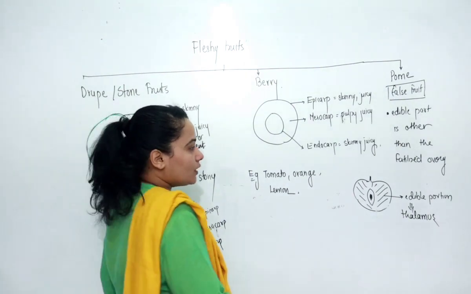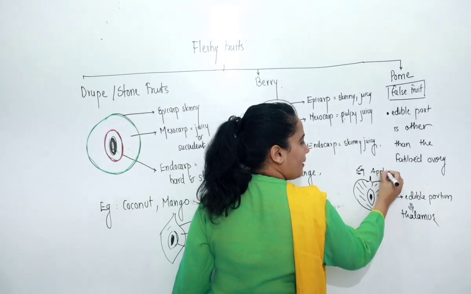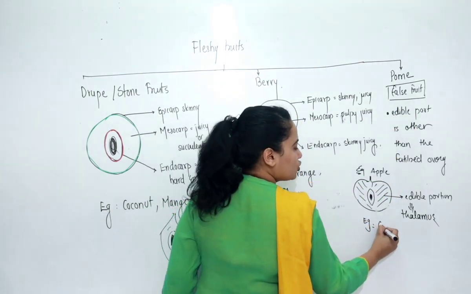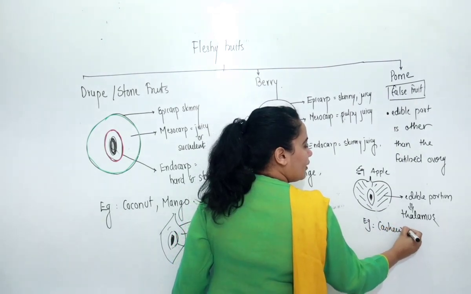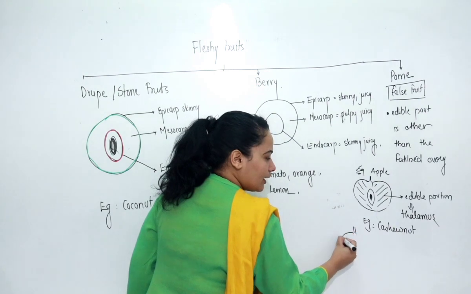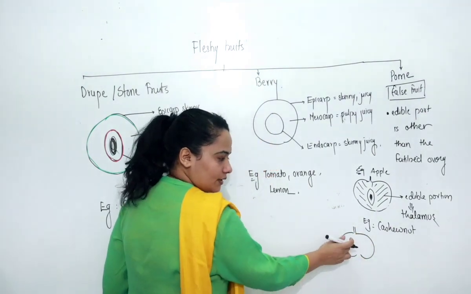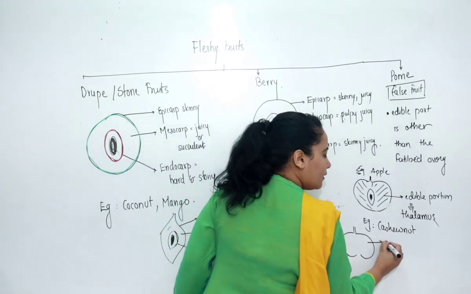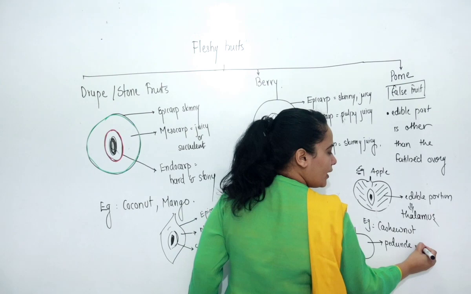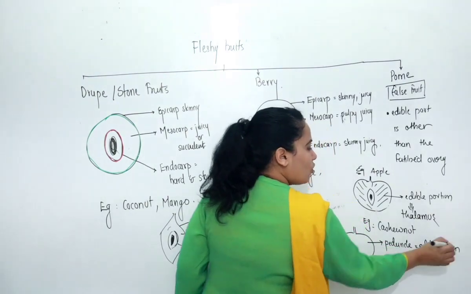Another example you can take apart from apple in pome is cashew nut. Now we all have seen a cashew nut, hopefully. In cashew nut, this is the peduncle. Over here, the peduncle is getting modified into the edible portion, which is not an ovary.